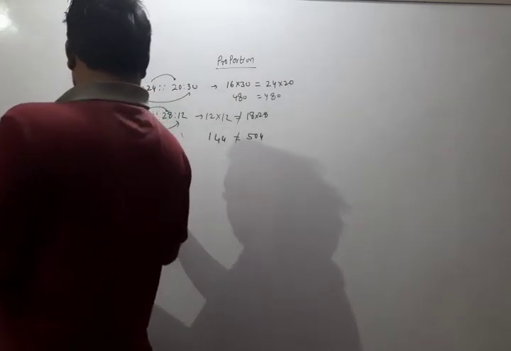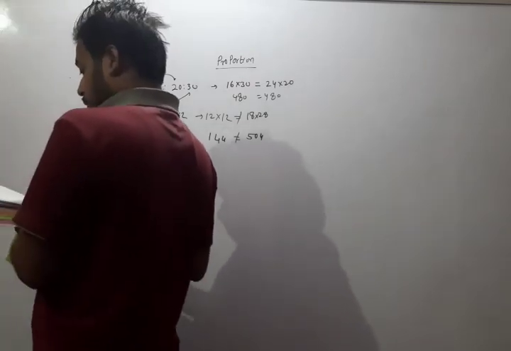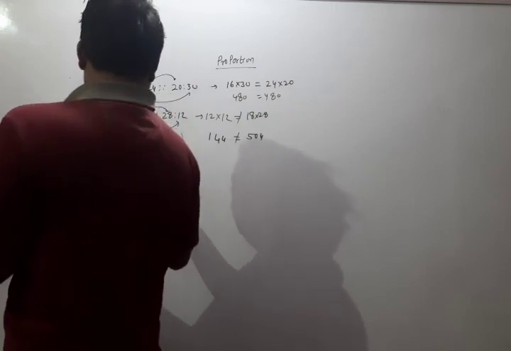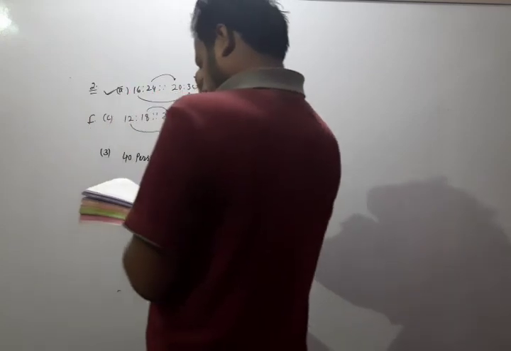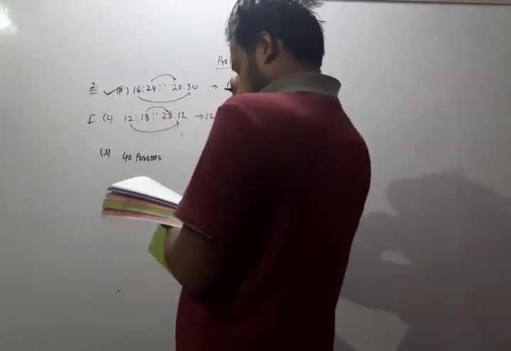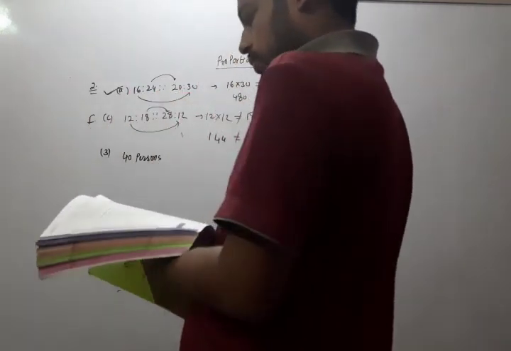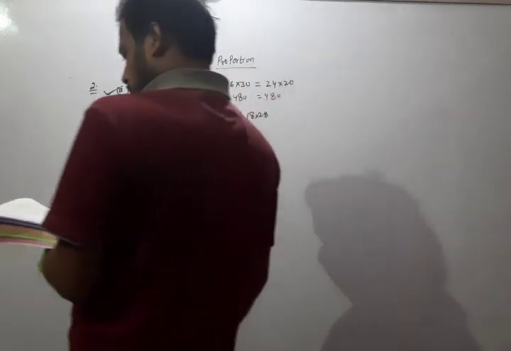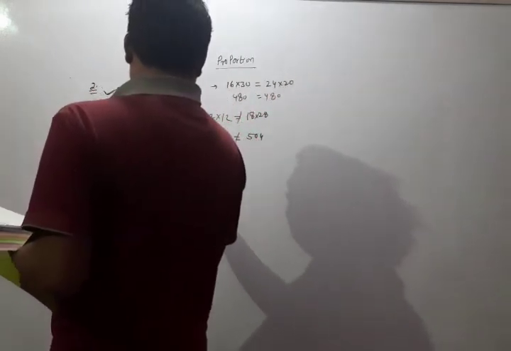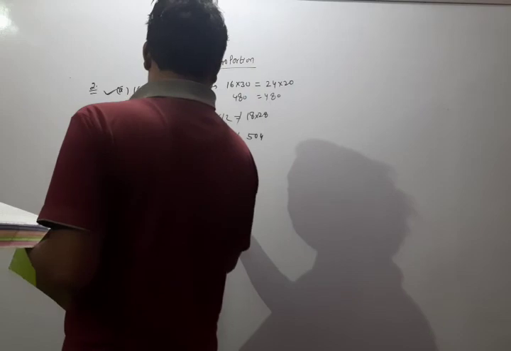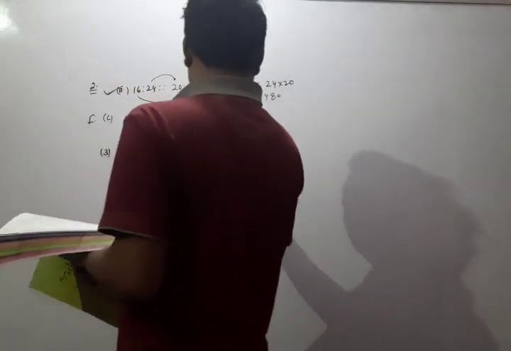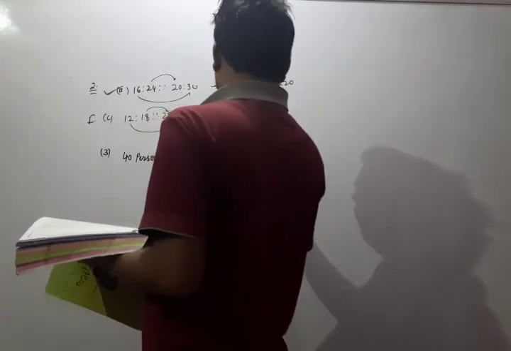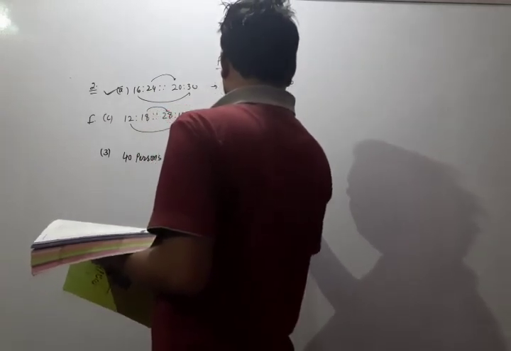Now see, 40% to 200% equals rupees 15 ratio rupees 75.